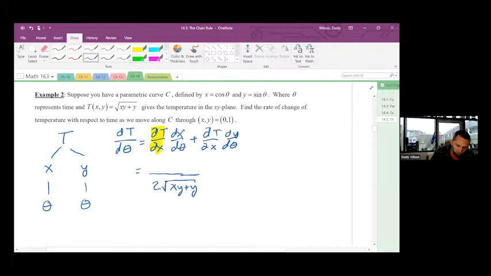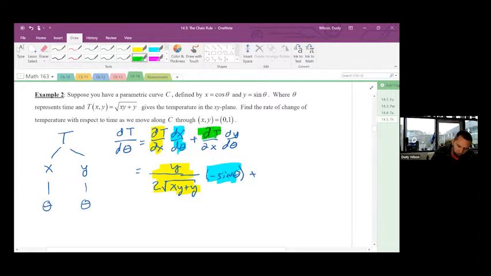And in the numerator, the partial with respect to x would just be a y. Here's the yellow part. And then dx/d theta will be, that's the blue part, and it's going to be, looks like negative sine theta. That's a sine, not a 3.